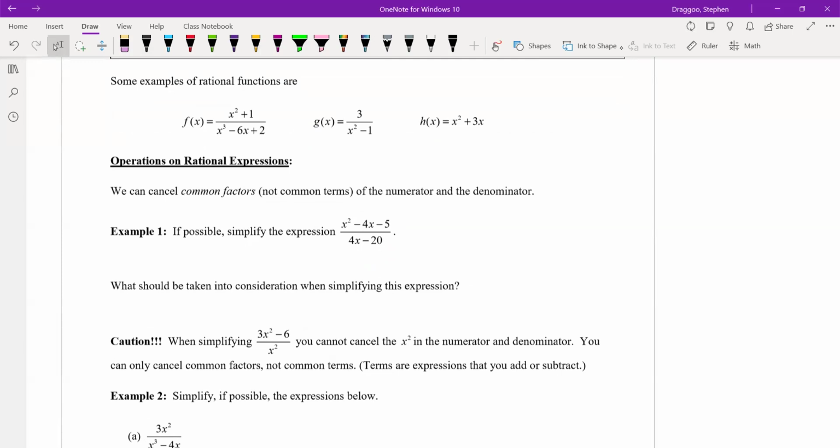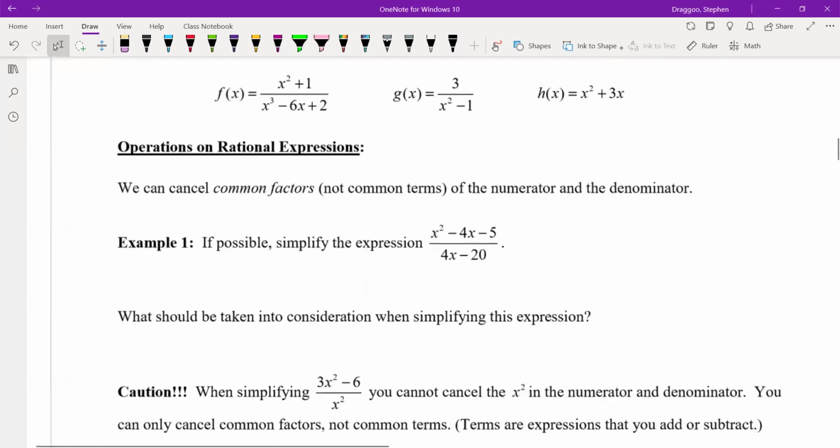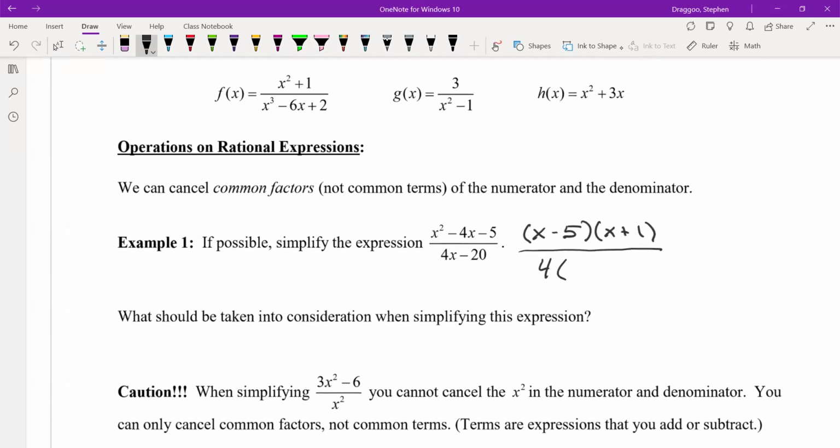Given the expression x squared minus 4x minus 5 over 4x minus 20, if possible, simplify this expression. Well, I noticed that both top and bottom can factor, so I'm going to do that. My numerator would be x minus 5 times x plus 1, while in my denominator, I can pull a 4 out of both the 4x and the 20, leaving me with 4 times x minus 5.